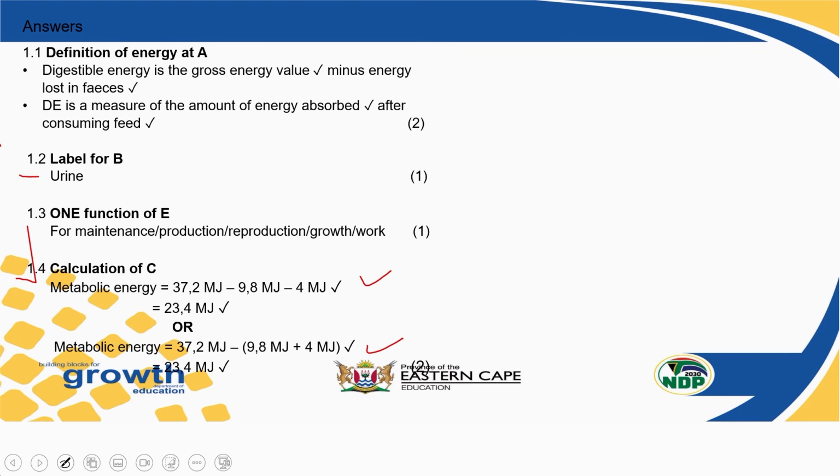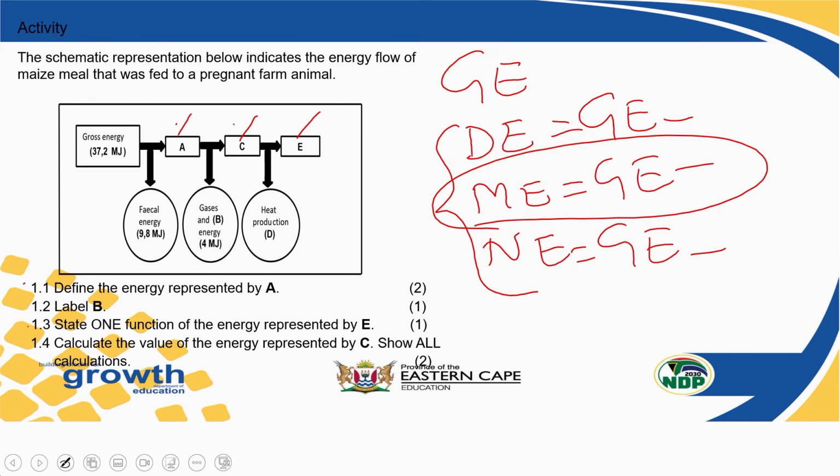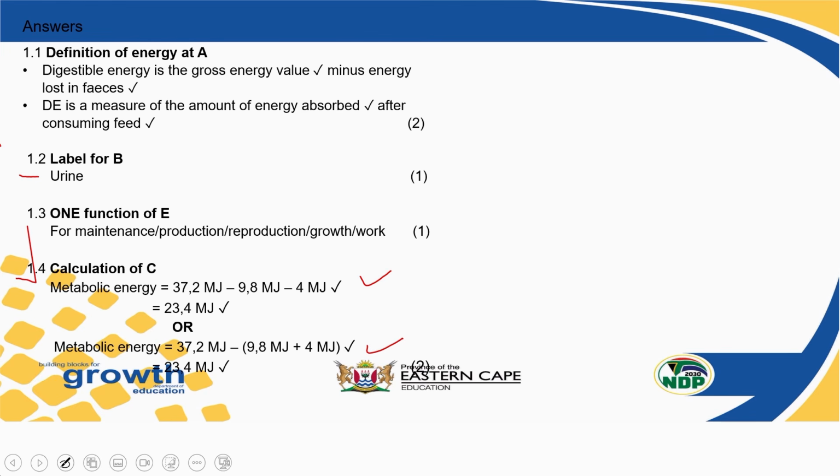Gross energy minus 9.8, that is for manure, and 4 for urine and gases. Either way, you can calculate. Here below, the calculation says plus. You plus these two energy losses, but it gives you the same answer.